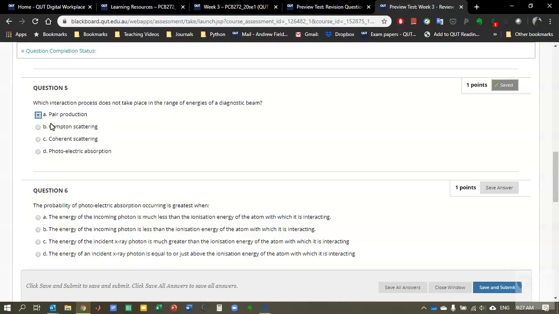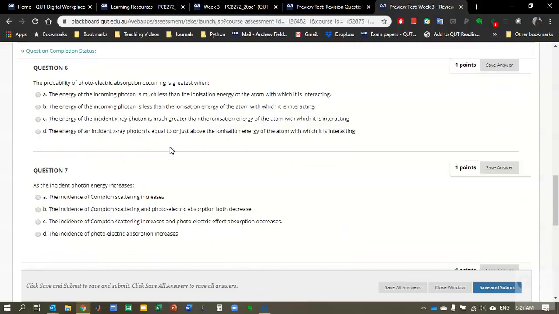And that equals, in energy, 2 times 511 keV, so that equals just about 1024 kilo electron volts, or 1.02 MeV. If the X-ray photon has an energy higher than that 1.02 MeV, then the excess is given to these electrons and positrons as kinetic energy as they move away from the atom.